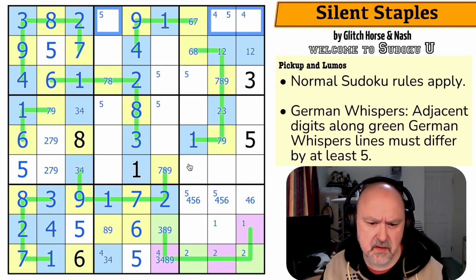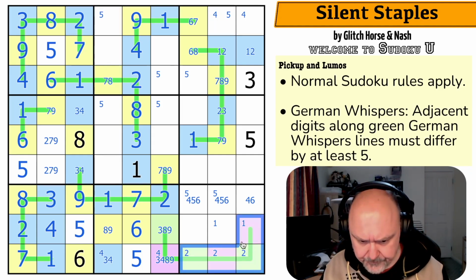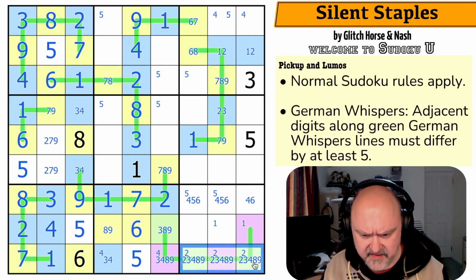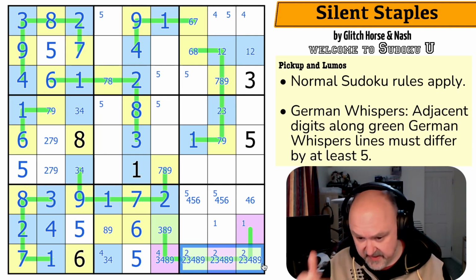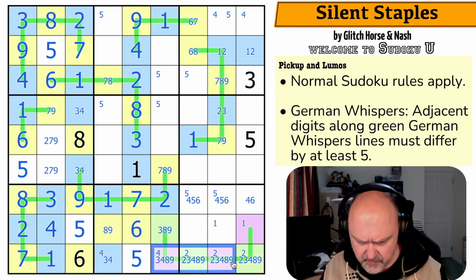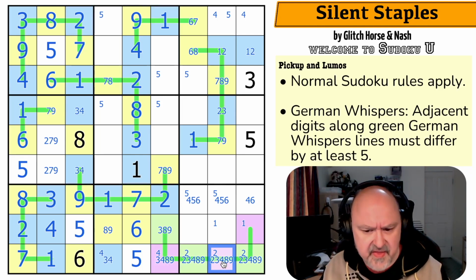Not obviously. So let's look at this line, because these are from 2, 3, 4, 8, and 9 to complete the row. Now, is there anything that can't go in any of those?